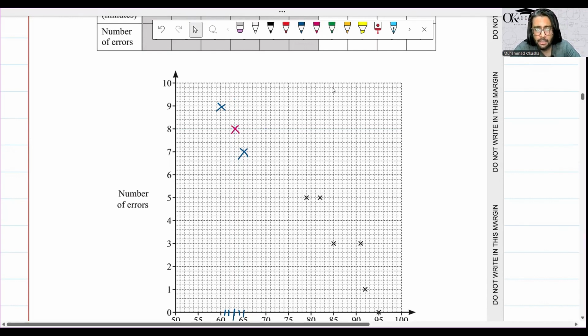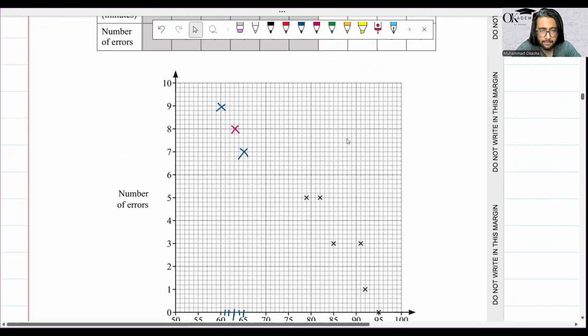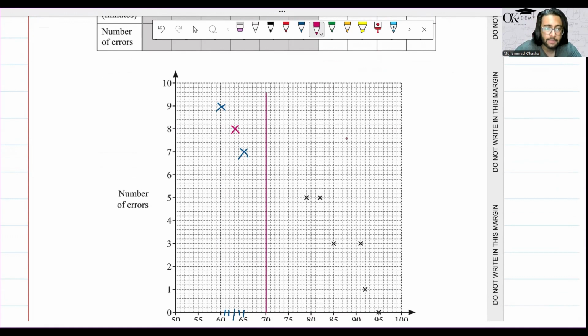Next, 70 minutes and 7 errors. Where's 70 minutes? 70 minutes and 7 errors. So my cross should be over here. Okay, I'll take off these.